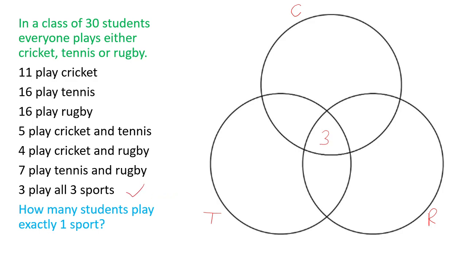Okay, let's move up. 7 people play tennis and rugby. So tennis and rugby is this section down here. Okay, so if 7 people play tennis and rugby, the temptation is to write 7 here, but that wouldn't be correct because we've already accounted for 3 of those people.